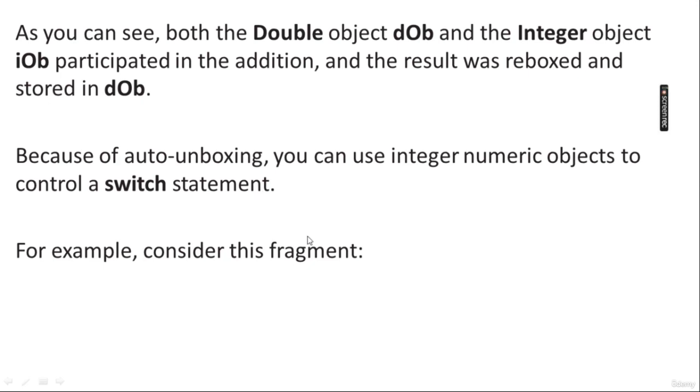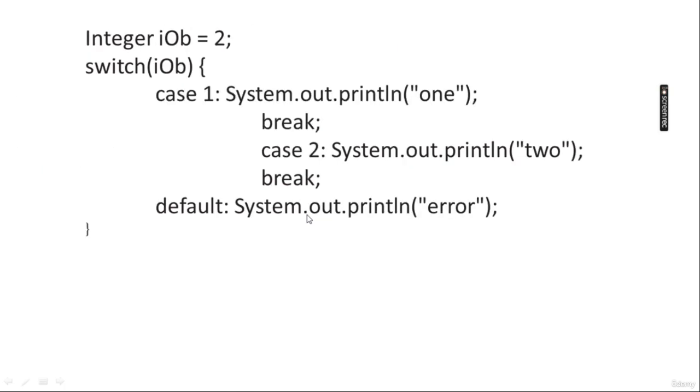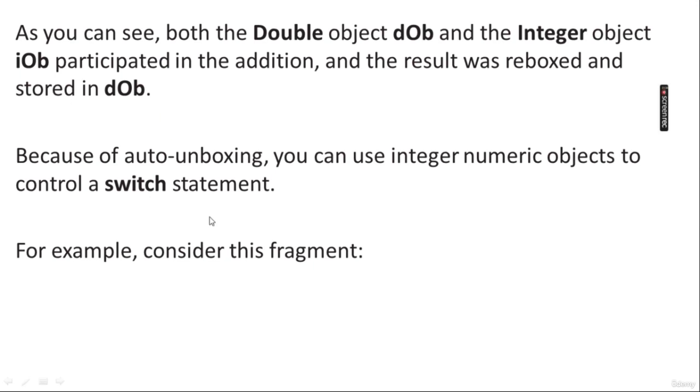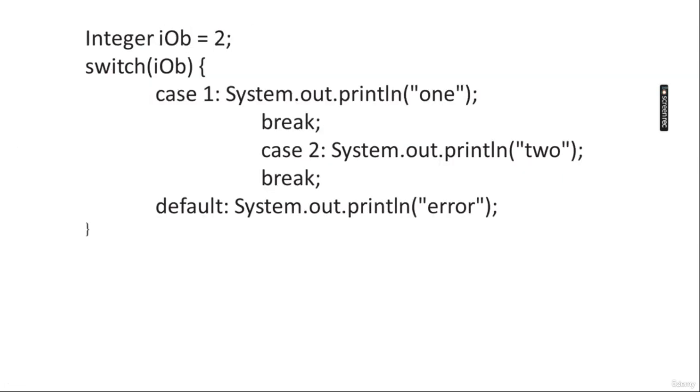Because of auto unboxing, you can use Integer numeric objects to control a switch statement. Now we will see this example of a switch statement. Because of auto unboxing, you can use the Integer numeric object, so you can pass the Integer object to the switch to check whether it is matching with the value or not.